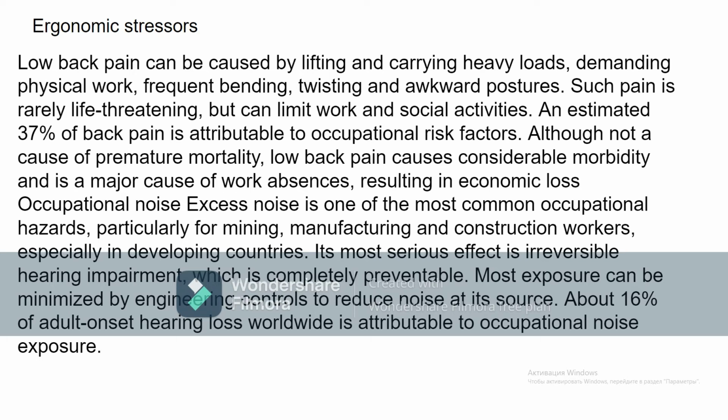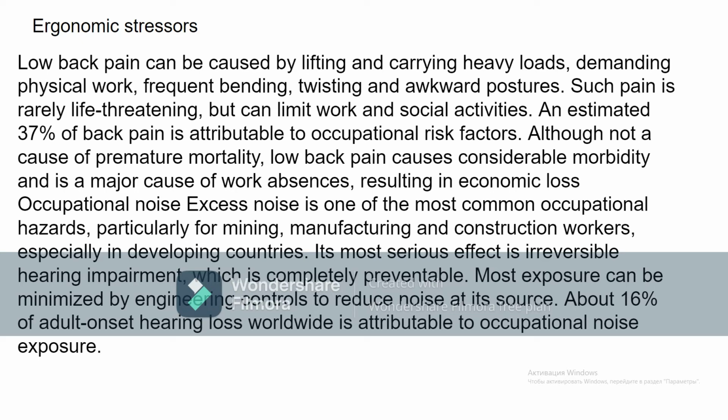Occupational noise. Let's talk about occupational noise. How does this noise influence negatively our organism on our workplace? Excess noise is one of the most common occupational hazards, particularly for mining, manufacturing, and construction workers, especially in developing countries.